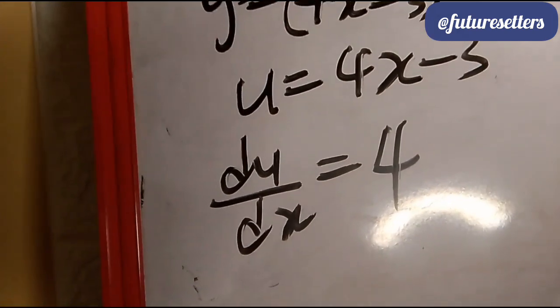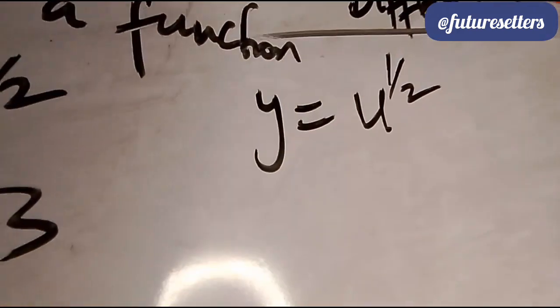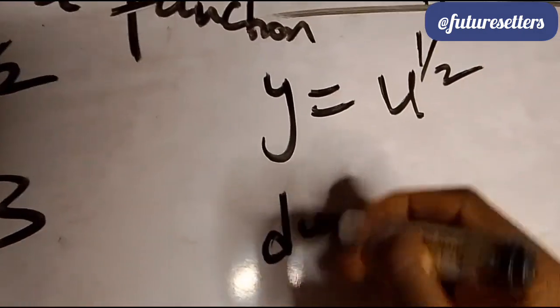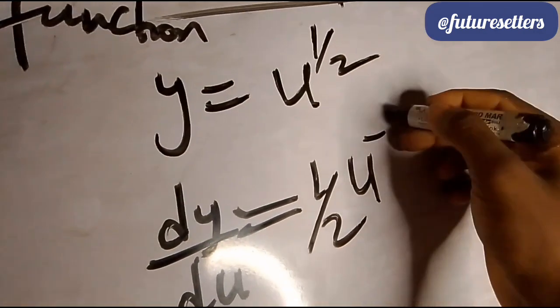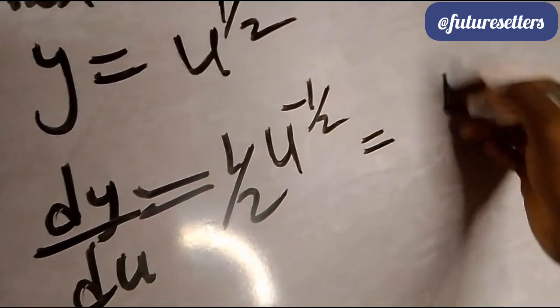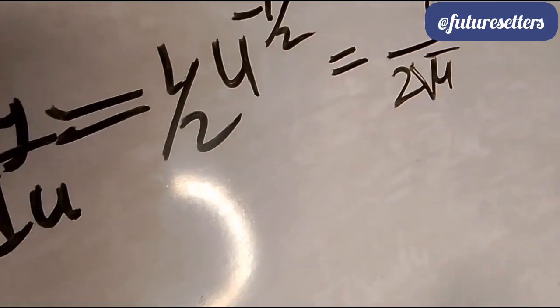So the next part is y equal to u raised to power half. Now if y is equal to u raised to power half, we are going to get dy/du as half u raised to power minus 1 over 2, which is 1 over 2 square root of u.